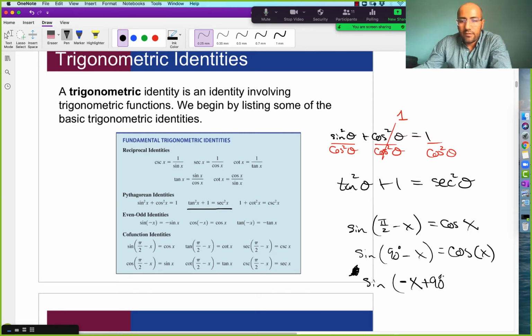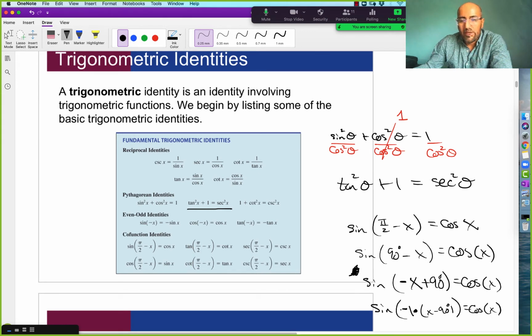Plus 90 degrees equals cosine of x. Good. And then remember that if we factor out this, we end up with this negative 1 here. It's sine of negative 1 times x minus 90 degrees equals cosine of x.